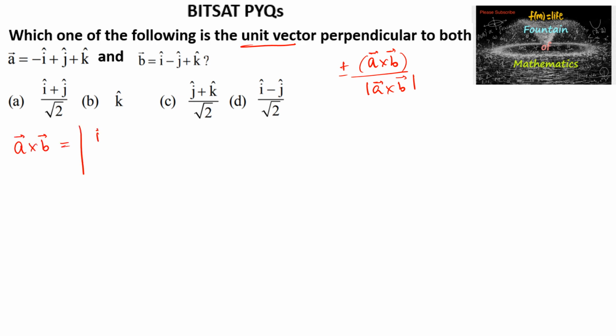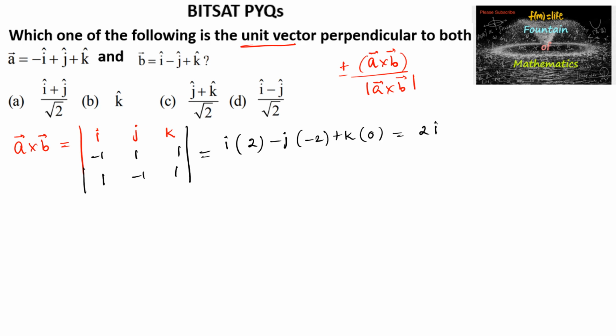The first row is i j k, the second row has the components of vector A: −1, 1 and 1, and in the third row we take the components of B: 1, −1 and 1. So after simplifying, we get i times (1 + 1), that is 2, minus j times (−1 − 1), that is −2, plus k times (1 − 1), that is 0.